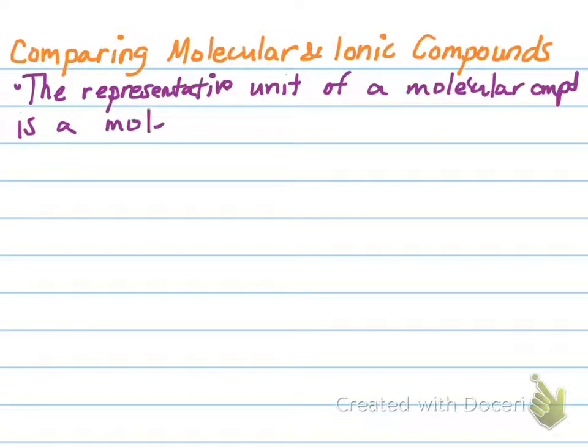And when we talk about representative unit, we're talking about if we had a big chunk of molecular compound, what's that smallest piece we could chop it up into and it still would have all the properties of that big chunk? That smallest piece for molecular compound is called a molecule.